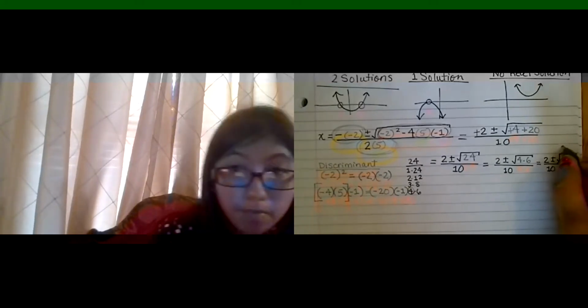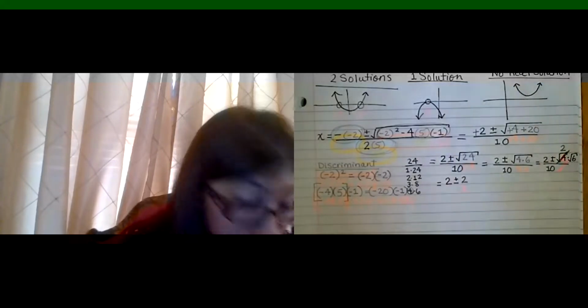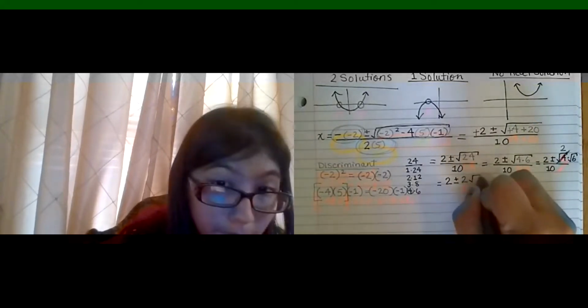So I'm going to scratch that off and put a giant 2 right there, and then rewrite. All right, so that's 2 plus minus, and I'm going to put that red 2 so that you know where it came from, square root of 6 over 10.